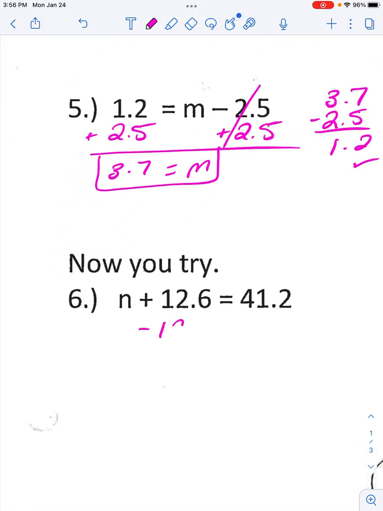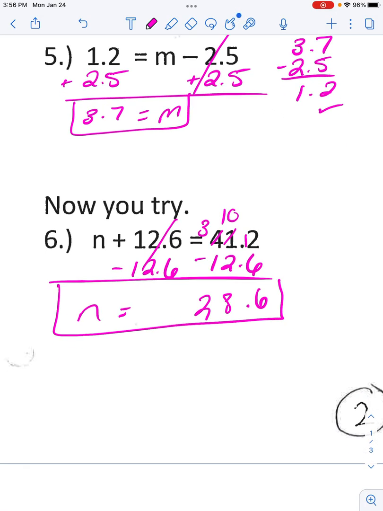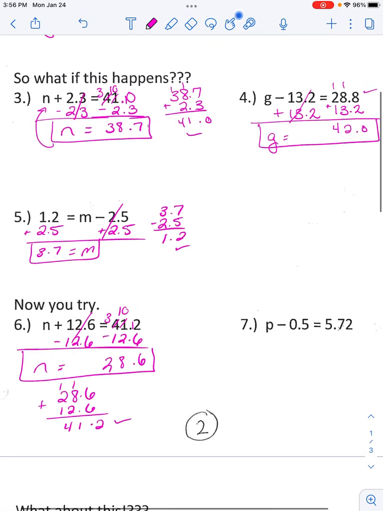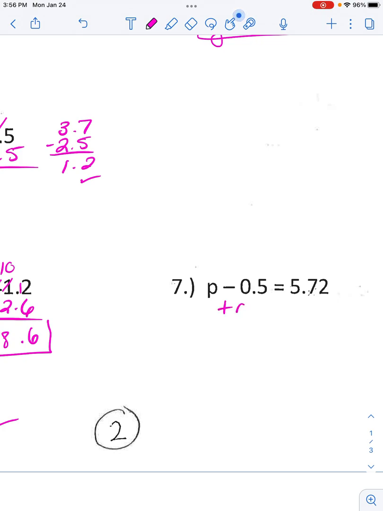Number 6, you should have subtracted 12.6 from both sides to get 28.6, and then I should see you substituting 28.6 back in for n, adding it to 12.6, and we do get 41 and 2/10. Number 7 says p minus 5/10, so we're going to add 5/10 to both sides.